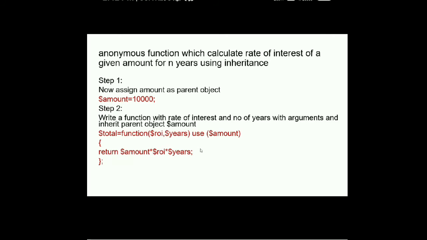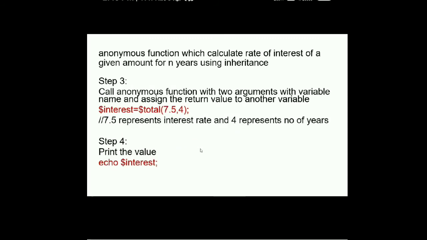PNR by 100. But I have not mentioned by 100 because the rate of interest itself will be divided by 100, so it will be given as a fraction. So you can use P, N, and R. This returns the simple interest amount to the call.